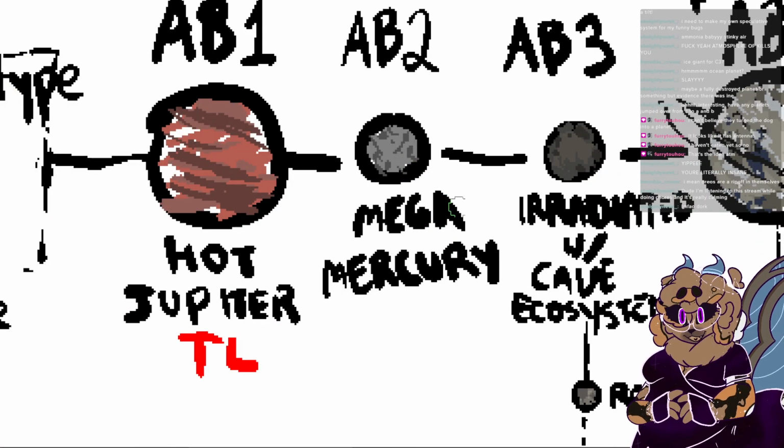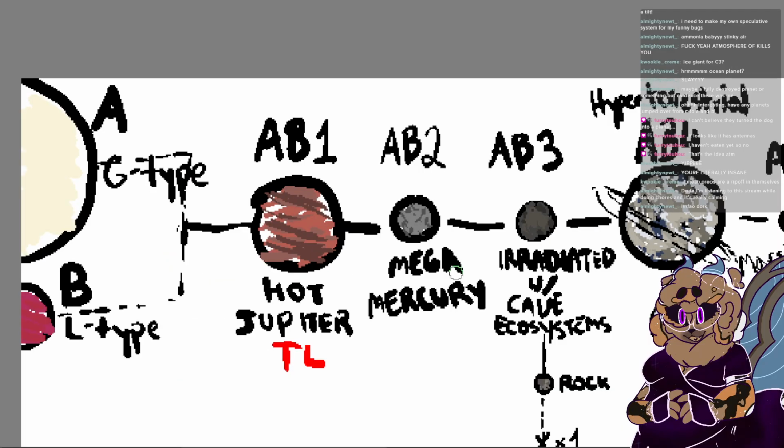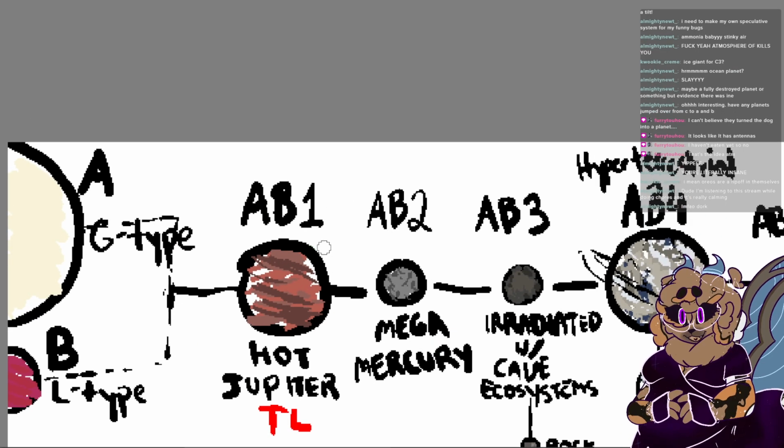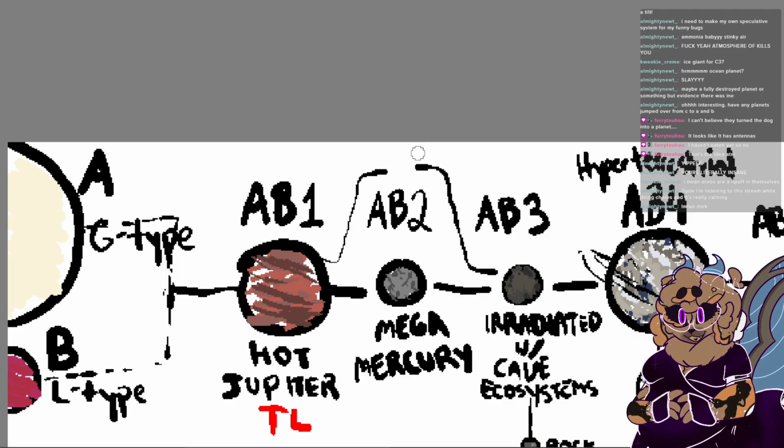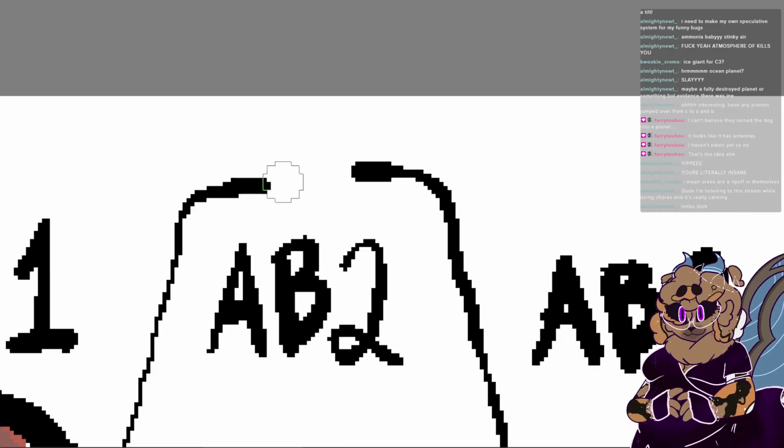Wait, hold on. I have a genius idea for something really cool that I could do with AB2. Because it is a mega Mercury, it had a huge amount of its crust blasted off. I am going to make it so that ahead of it in its orbit, I am going to have a Trojan dwarf planet.